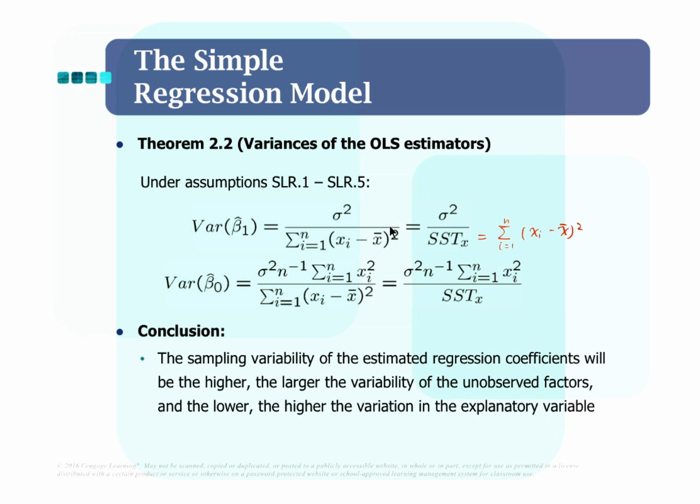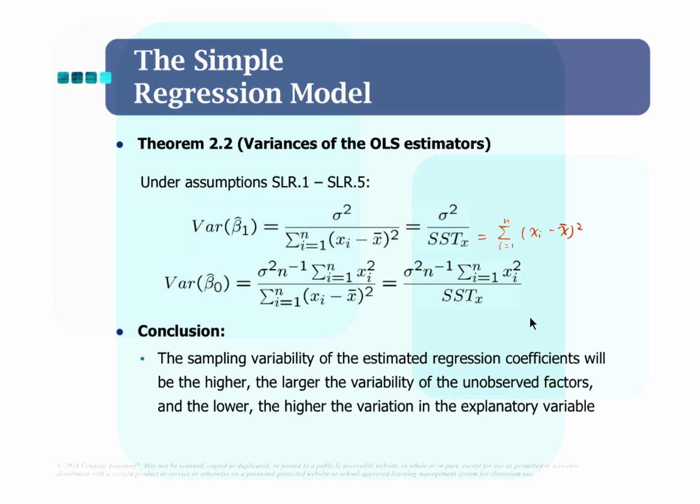This is the formula for the variance of beta 1 hat. And the variance of beta 0 hat equals this one. I don't want to explain this. There's a formula, that's enough.